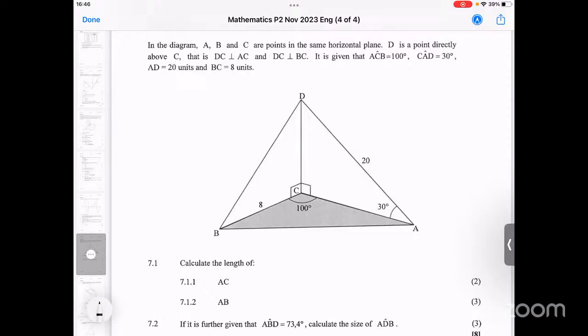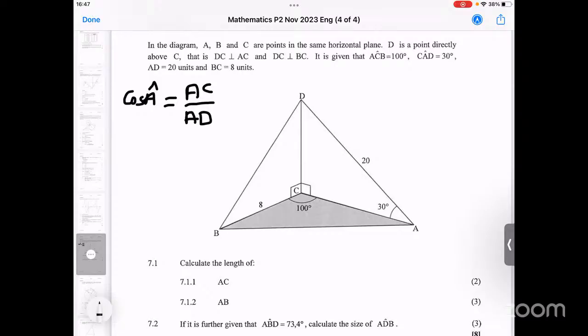The cosine rule. Okay, what is the cosine rule again? I think it's AC over AD, sir. So cos angle A is equal to AC over AD. So then AC is equal to AD times cos A, which is times cos 30, sir.